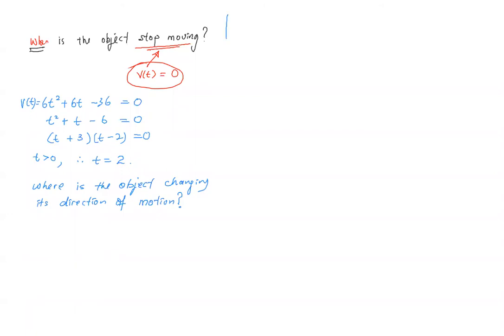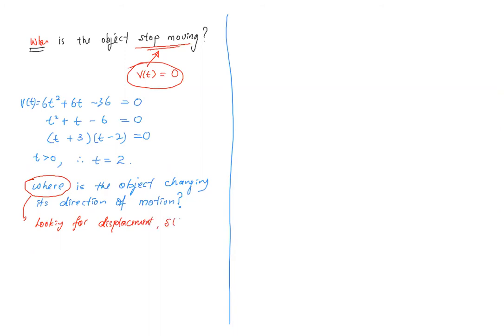So I want to know where. So what does that mean? If I want to know where, I want to look for what? You are looking for displacement. Correct? So displacement is s(t). So you're looking for displacement. So first you think like that.